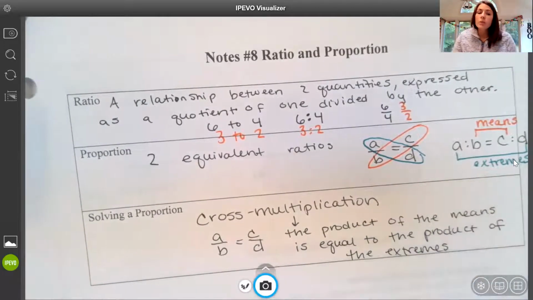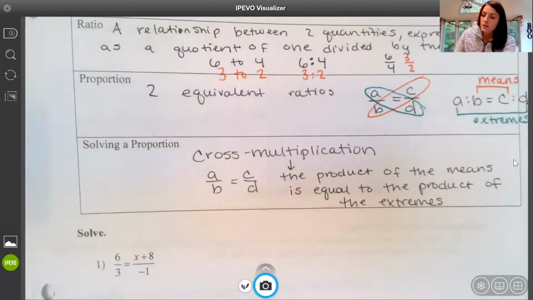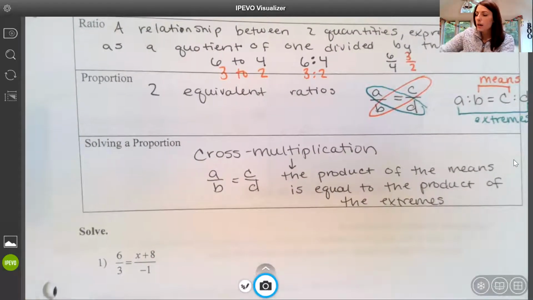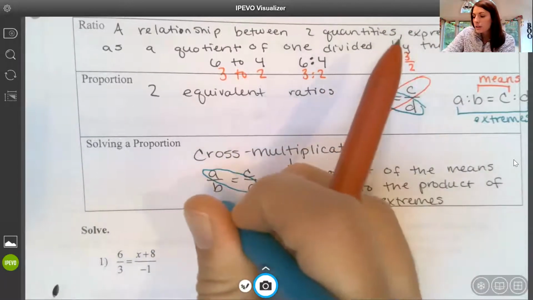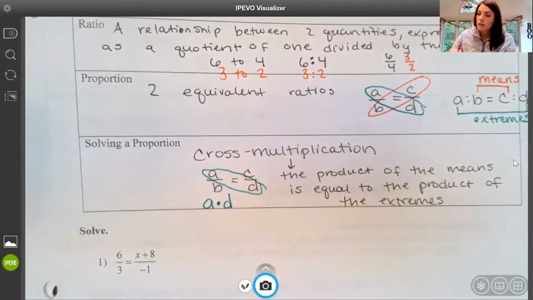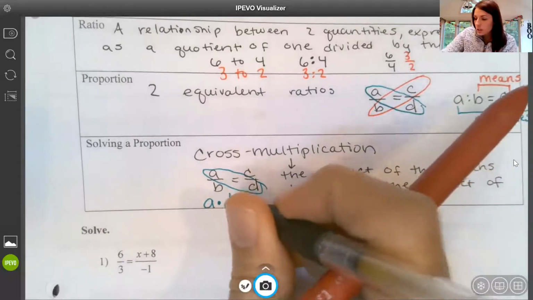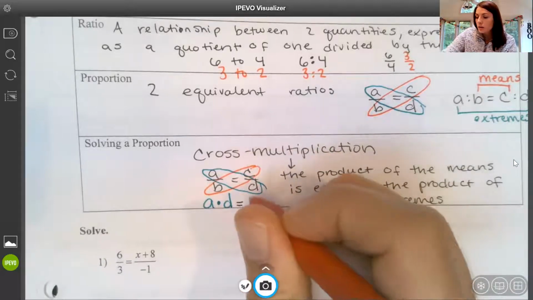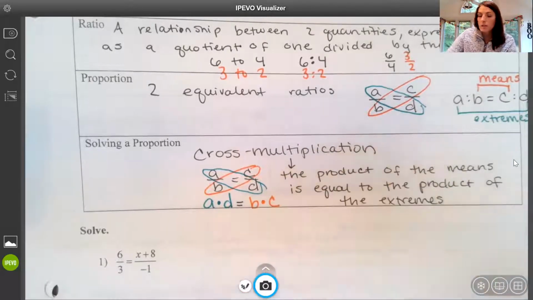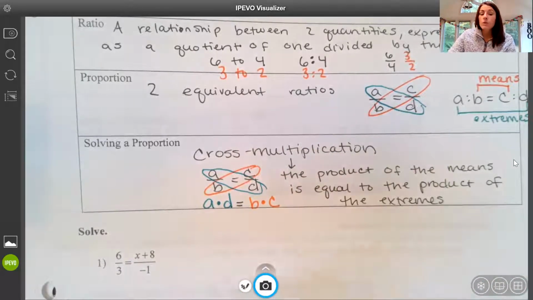That's a property of proportions, meaning if I multiply A times D, it would be equal to multiplying my means together, B times C. So we use cross multiplication 9 times out of 10 to solve our proportions.